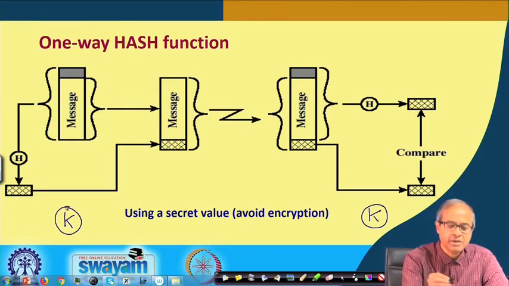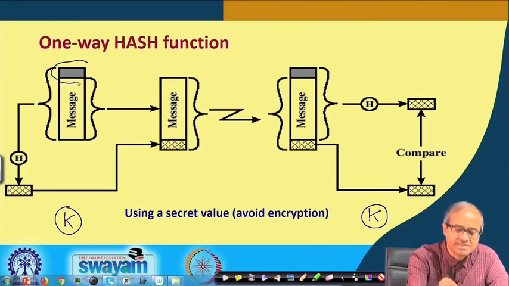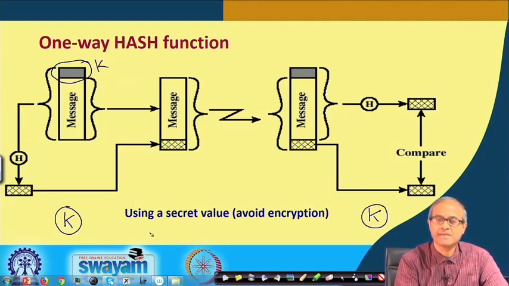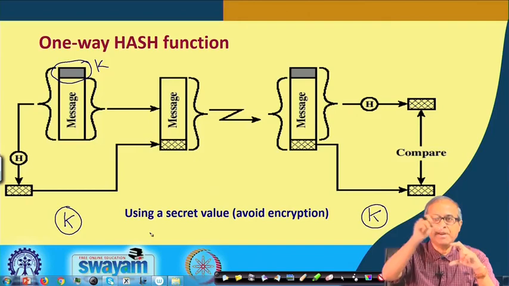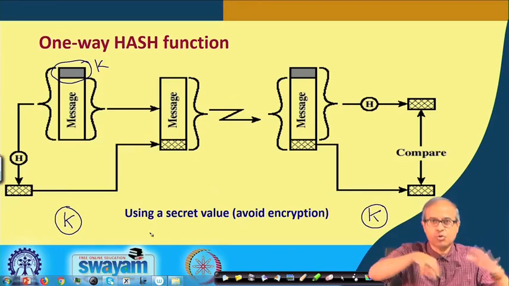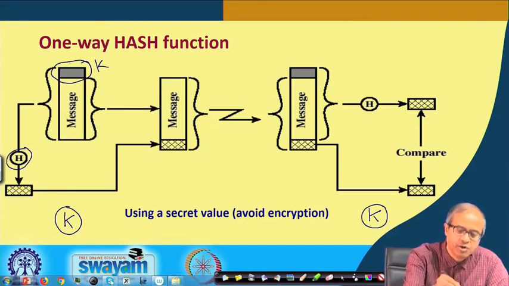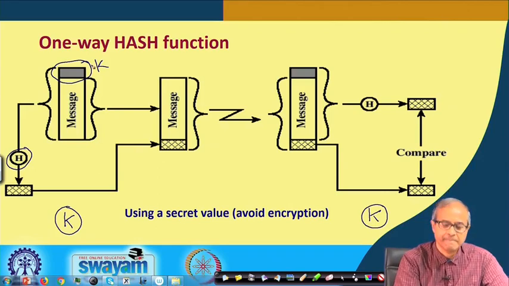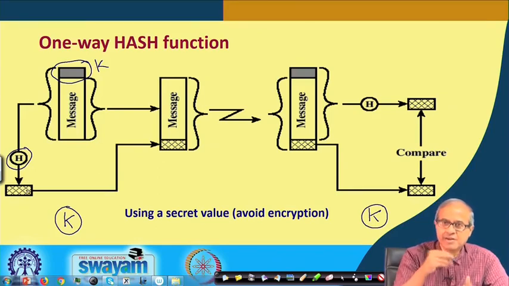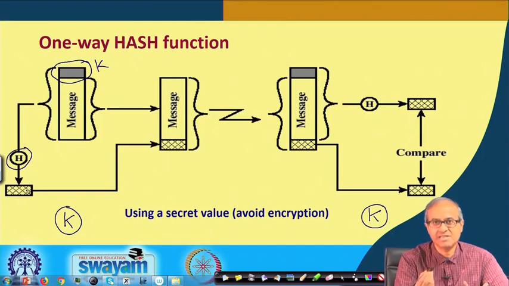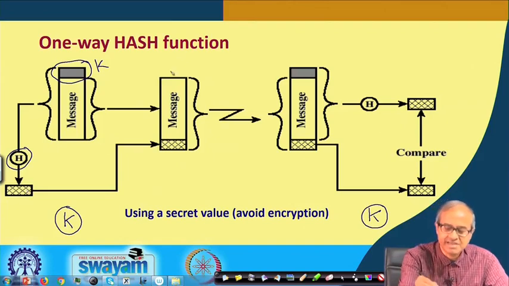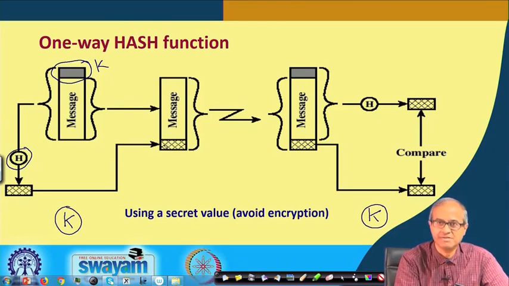Instead, we append k to the message, and apply the hash function on the whole thing, message plus k. The hash that I get carries a flavor of k with it, so unless I have the correct value of k, I cannot generate that hash. So I send only the message, not k, along with the hash I compute here.